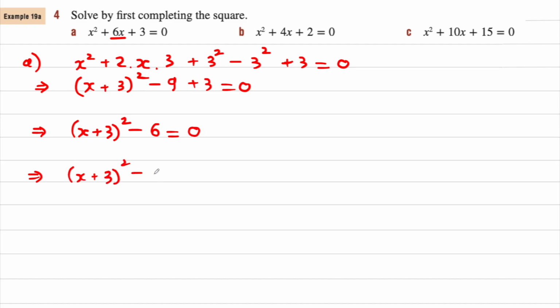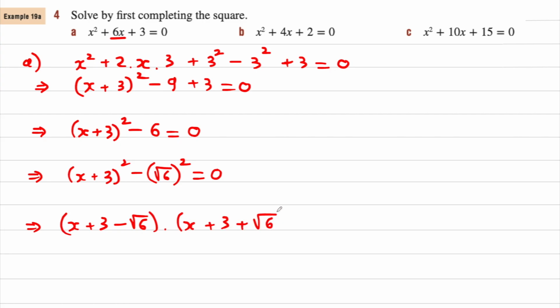I change this into the difference of the squares equal to 0. So h plus 3 minus square root 6, and then you got h plus 3 plus square root 6 equal to 0. Each bracket will be equal to 0, the first one and the next one.